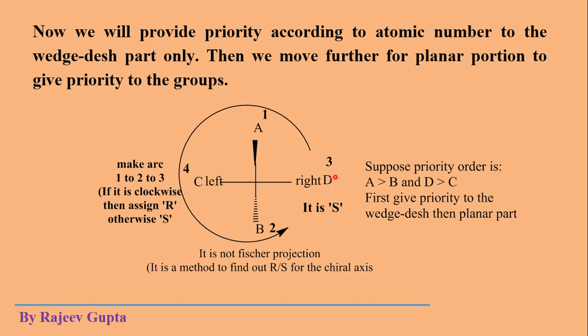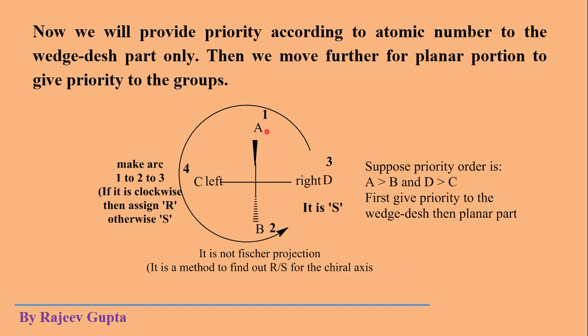Now after providing this priority order 1, 2, 3 and 4, we will use the chirality rule, where we move from 1 to 2 and 2 to 3 and make an arc. If the arc direction is clockwise, then we will assign capital R, and if the arc direction is anti-clockwise, then we will assign S.